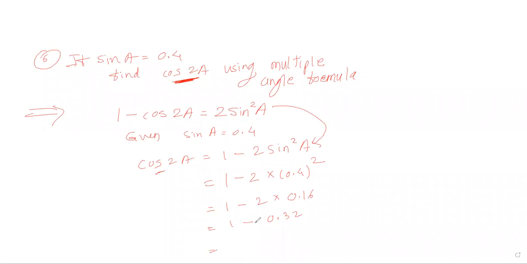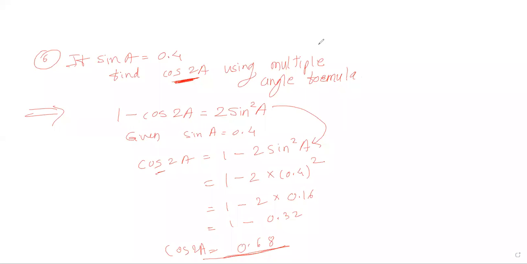Now subtract this one, 1 minus 0.32 is 0.68. So our value of cos 2A is 0.68. Is it clear? Yes, ma'am. Okay.